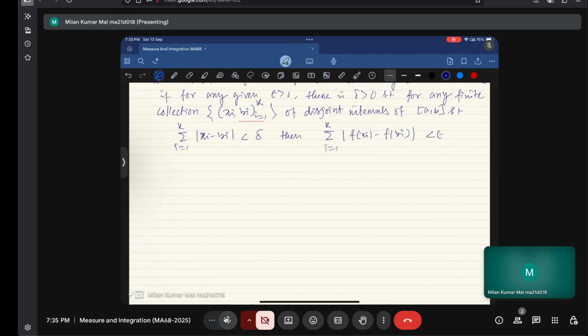Here I'll take little help of the theorem and the other part I'll prove.